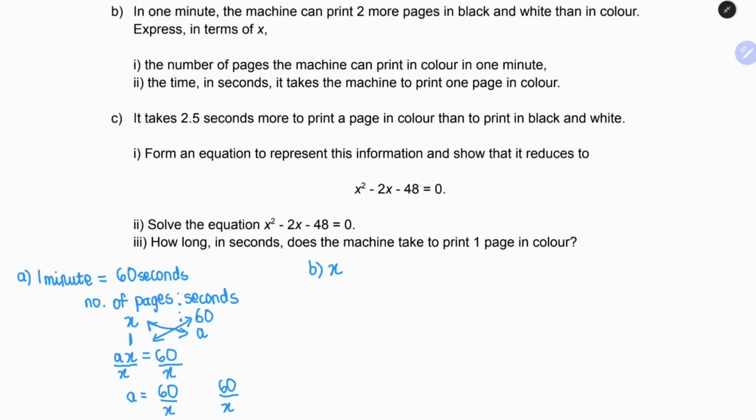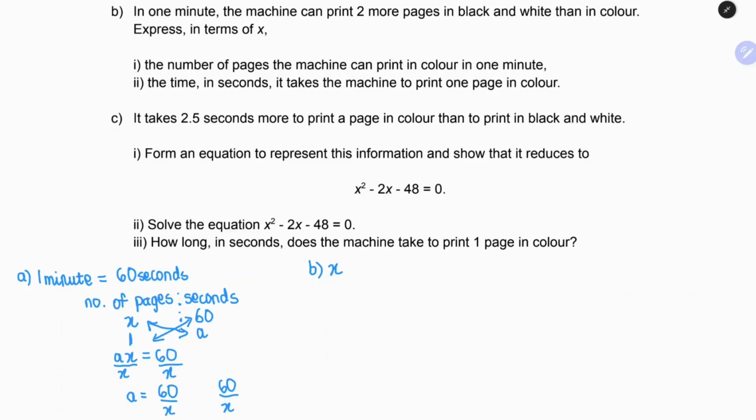So if in color, again I repeat, it's going to print fewer pages, that means we're going to subtract 2 from X. Just like we said that it prints X pages in black and white, in color it's going to print fewer pages, so the number has to be less than X. So obviously we can already determine that we are subtracting from X, so it's going to be minus 2 pages.